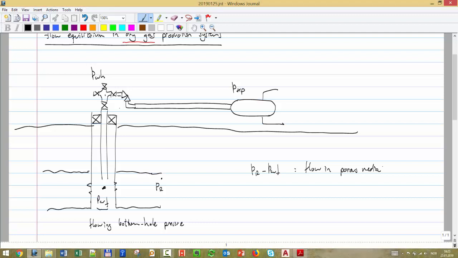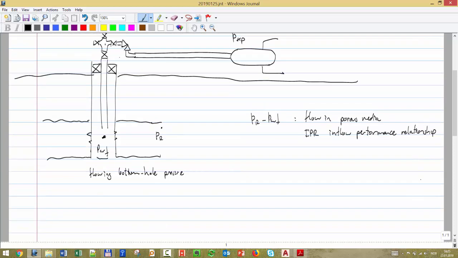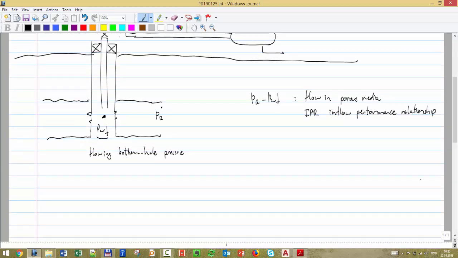For that you already got a taste, right? We use something called IPR when we can, the inflow performance relationship. And the equation that we use, we said basically, well, we can take the time out of that equation, which is very helpful.